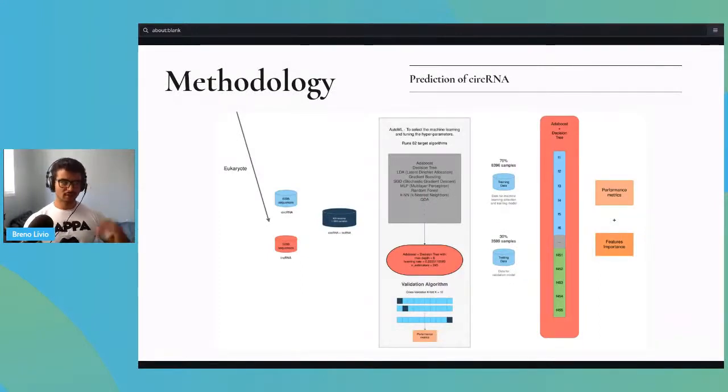For our second case study with eukaryote humans, we used the benchmark dataset provided by Bonidia and others from 2021. For the prediction, we have circRNA versus long non-coding RNA, with in total 11,995 sequences, being 6,995 for circRNA and 5,000 for long non-coding RNA.